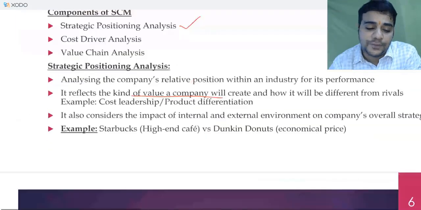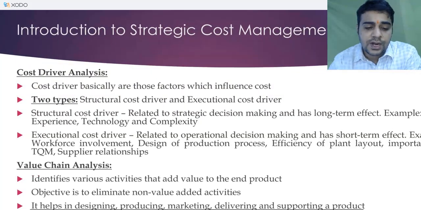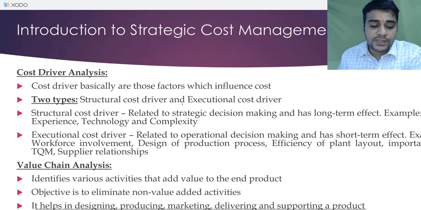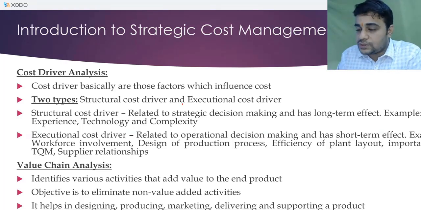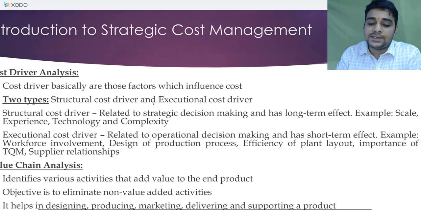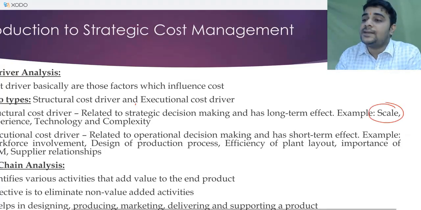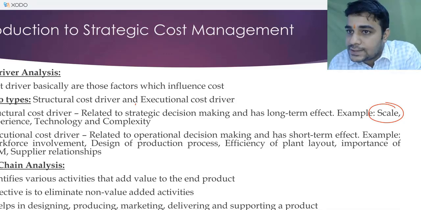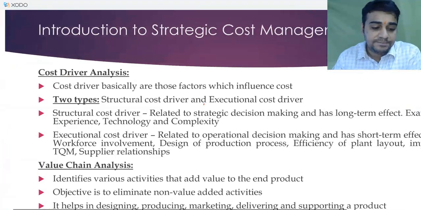There are two types of cost driver: structural cost driver and executional cost driver. Structural cost drivers are those which have a long-term effect. Reliance Industries has a better scale of operation as compared to myself, so their costing is on the lesser side.